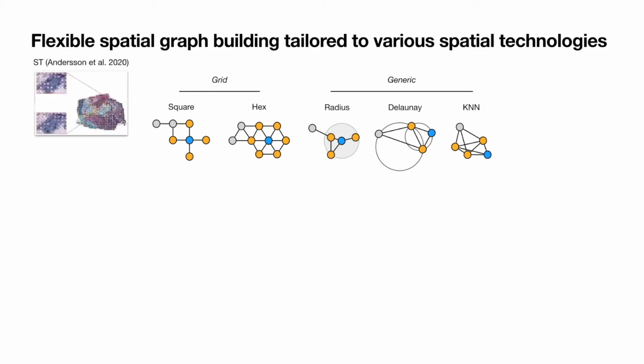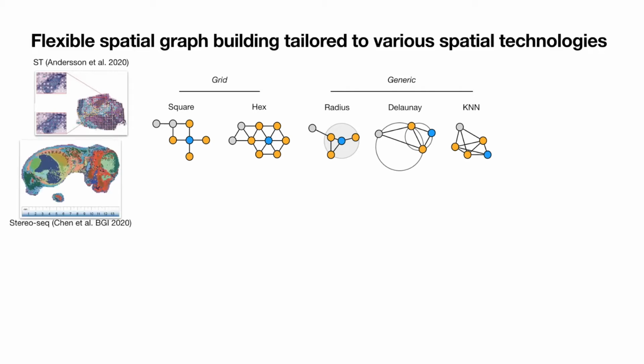And so for example, for the spatial transcriptomics, obviously a square-based, or depending on the type of assay, maybe also a hexagonal-based graph is the most adequate, because this is essentially how the data is structured. So it makes sense to represent the spatial relationships also in this way.